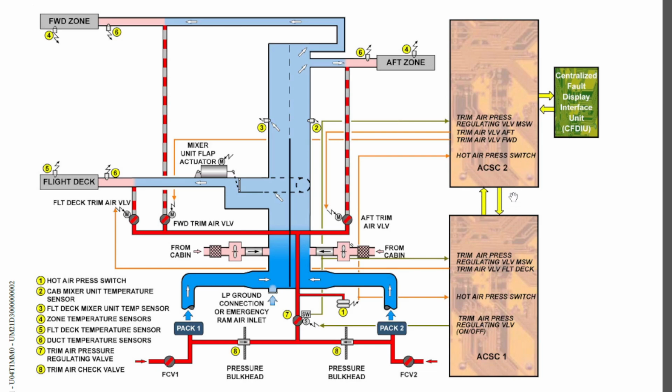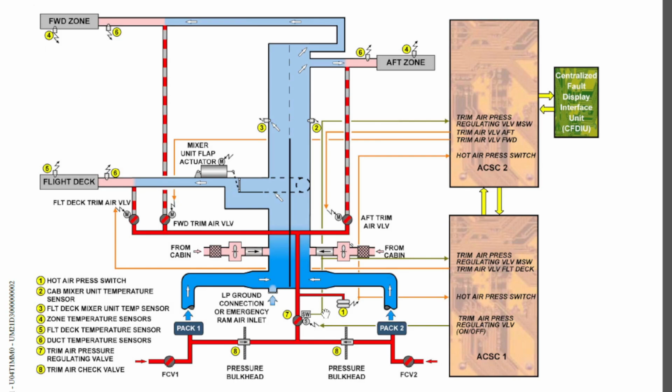So the crew will know that there's an issue with this particular trim air pressure regulation valve, and they can act accordingly. And if the pressure drops to somewhere around 5 psi, the fault will disappear and the system will get normalized. So that is the function of this pressure switch.